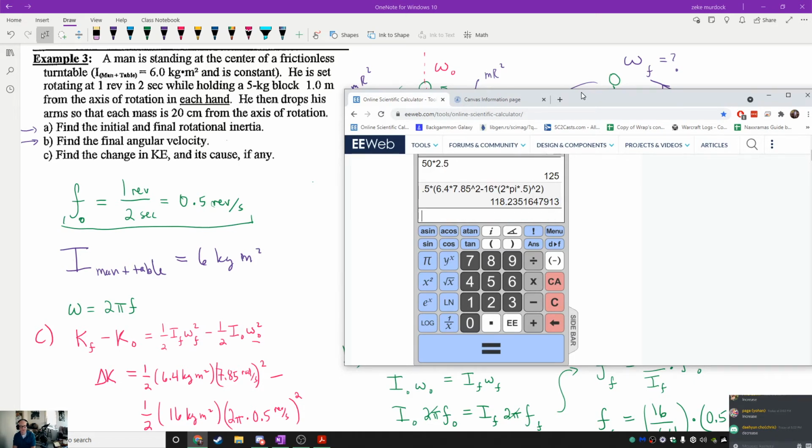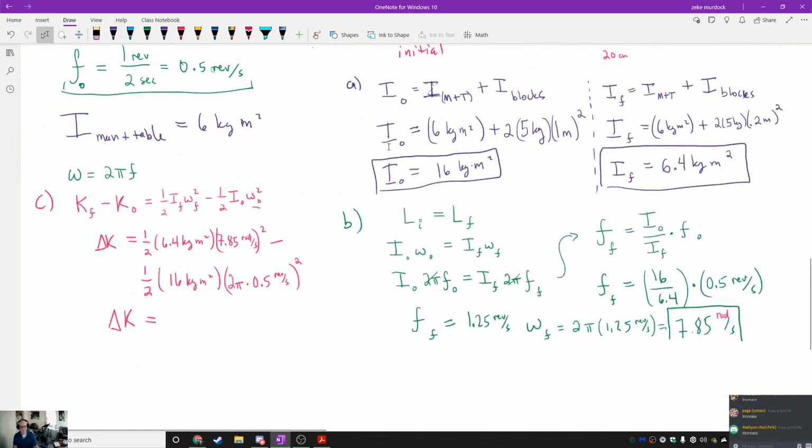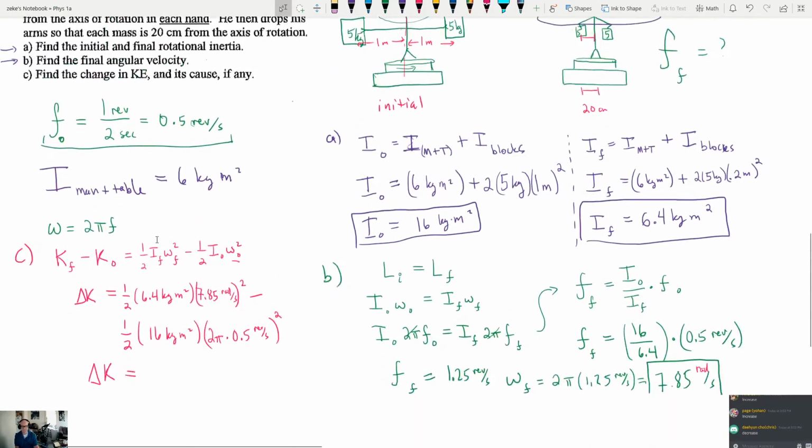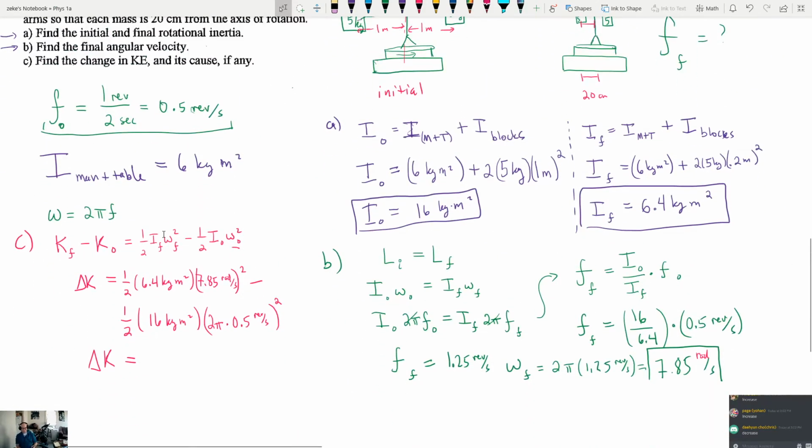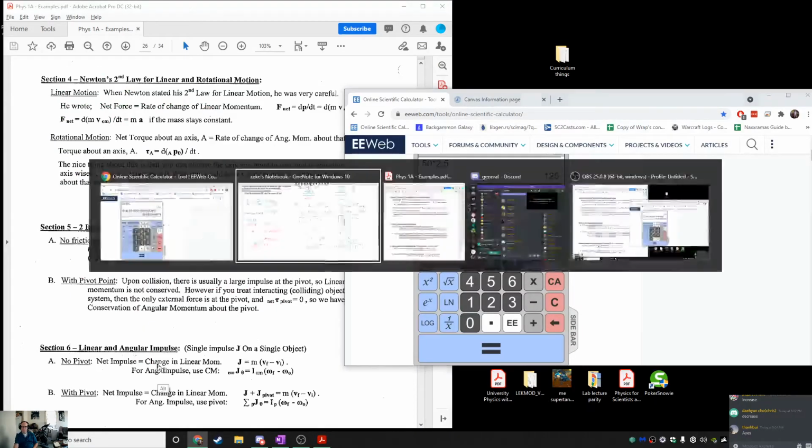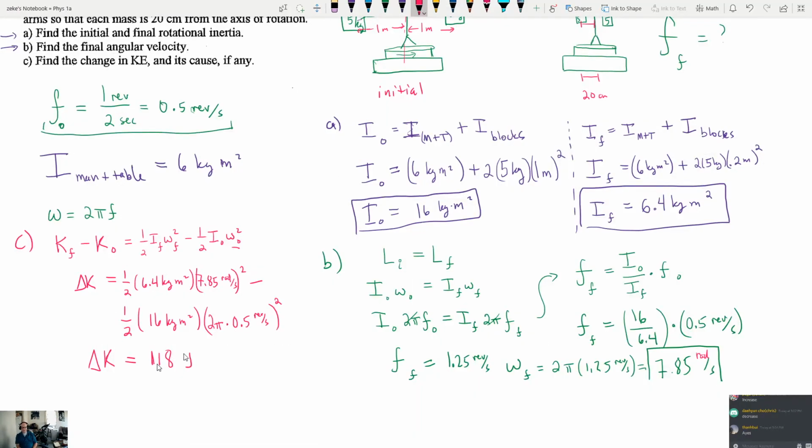That's what I got, 118. Do you all agree? Joules. Okay, so it's positive, and we did final minus initial, so the kinetic energy increased.